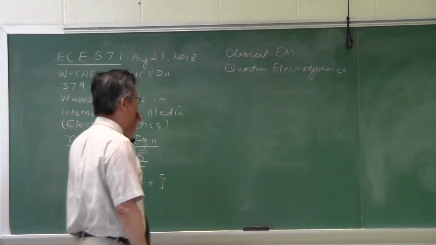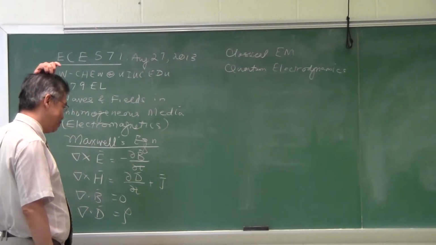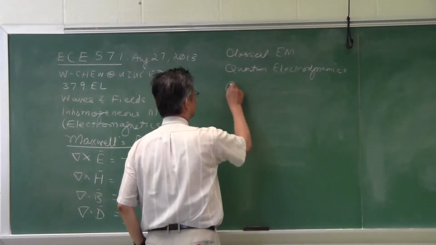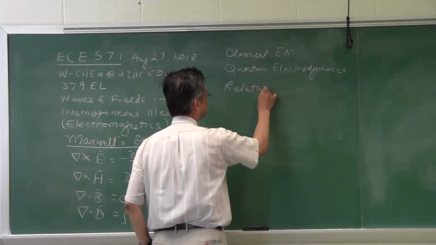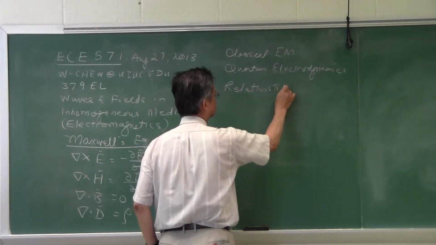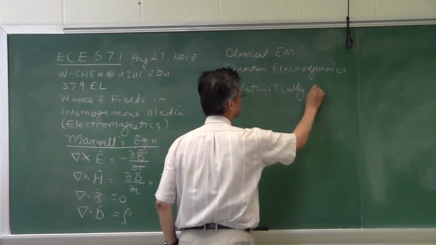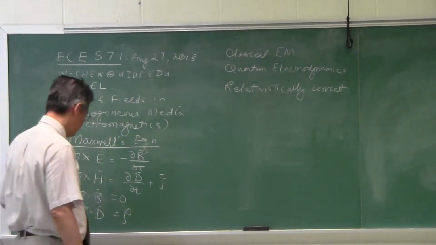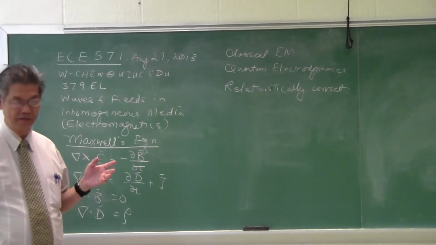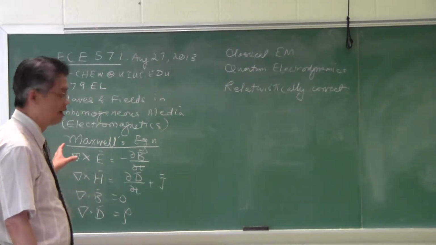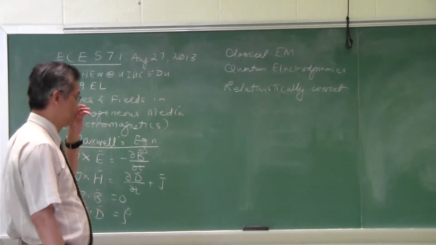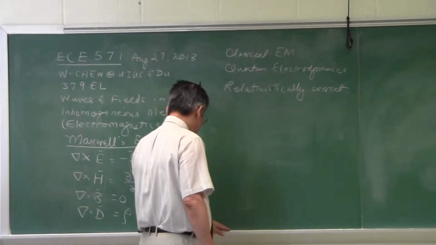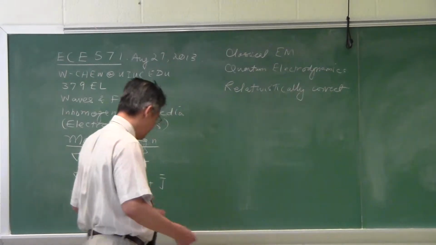And what is more wonderful is that these four equations are relativistically correct. In the sense that it doesn't matter what inertial reference frame you are in, these four equations are going to look the same according to Einstein's special theory of relativity.